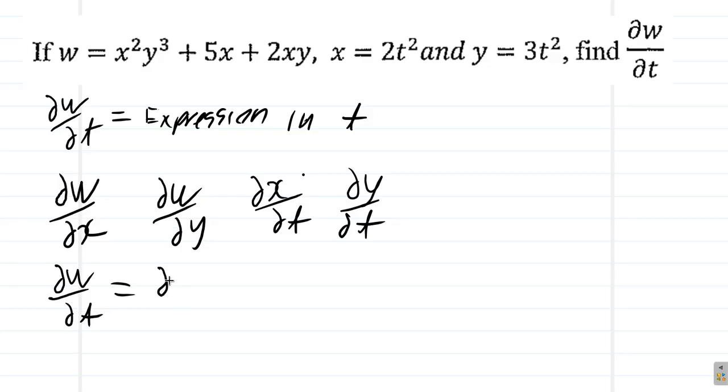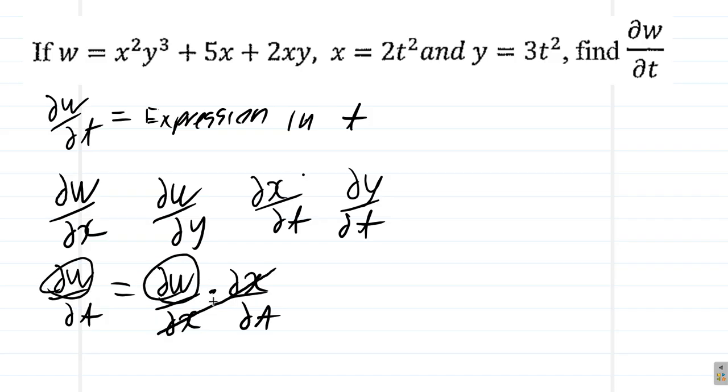Suppose you say partial derivative of w with respect to x times partial derivative of x with respect to t. You notice partial x cancels partial x, leaving partial w over partial t.